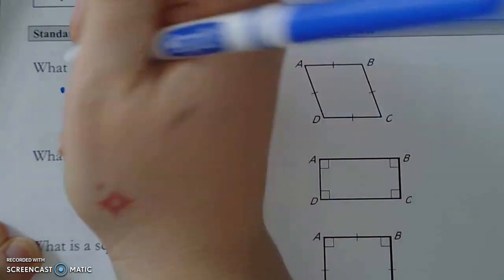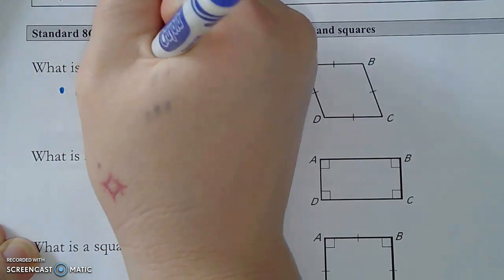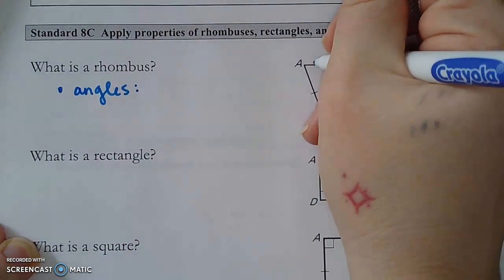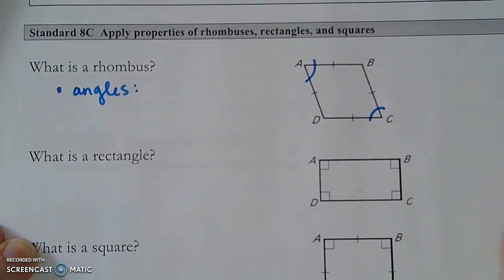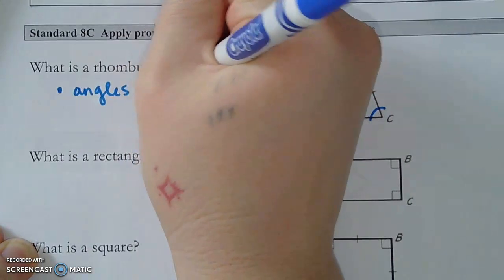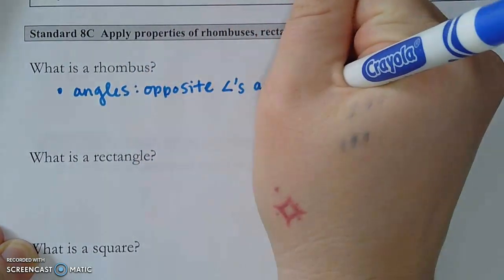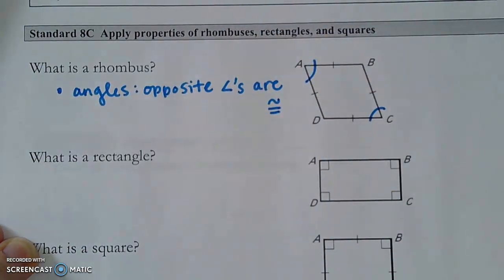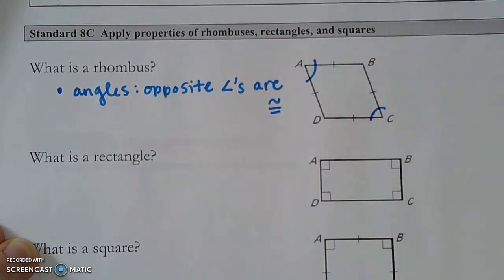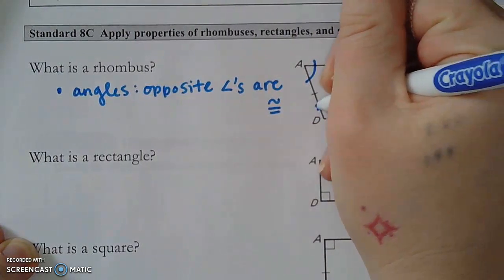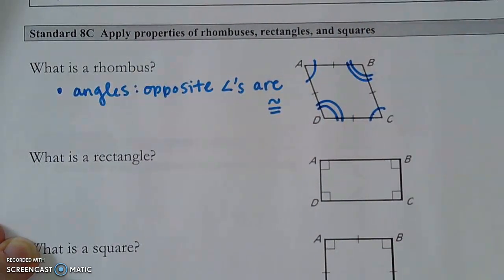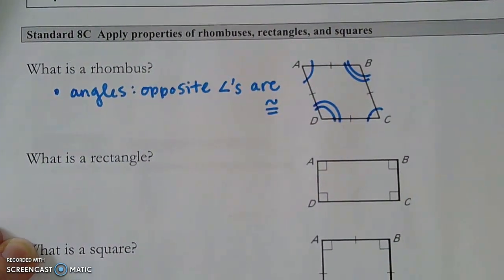When it comes to a rhombus and the angles, the main thing is that the opposite angles are congruent. I did some abbreviations. So A and C are congruent, and D and B are congruent. Okay.